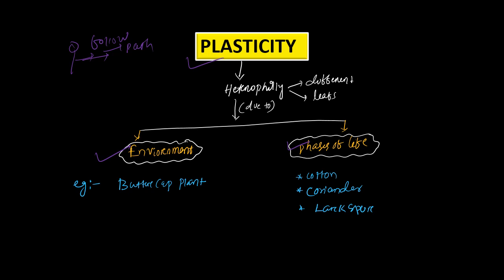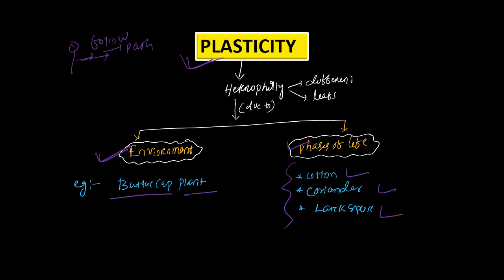This process is known as plasticity. One example affected by environment is the buttercup plant, and plants affected by phase of life are cotton, coriander and larkspur.